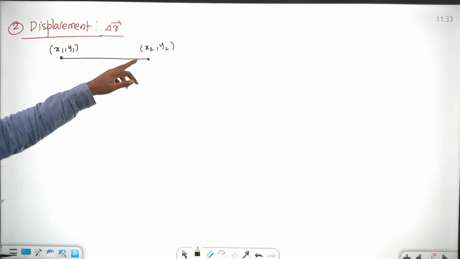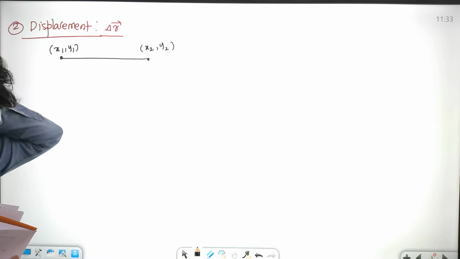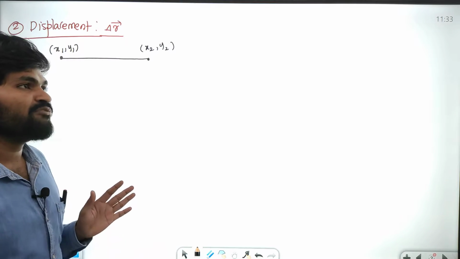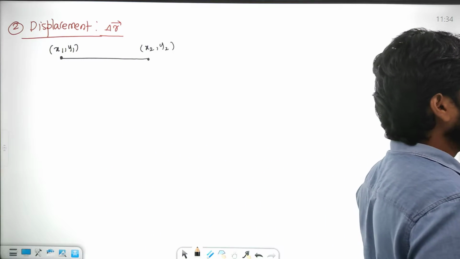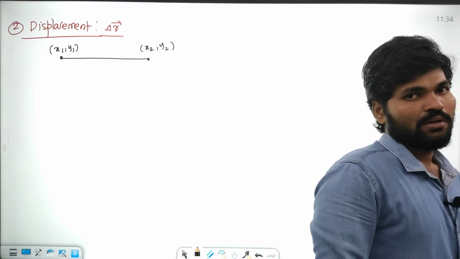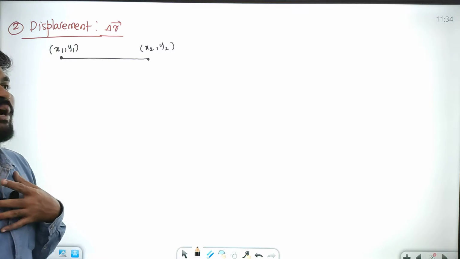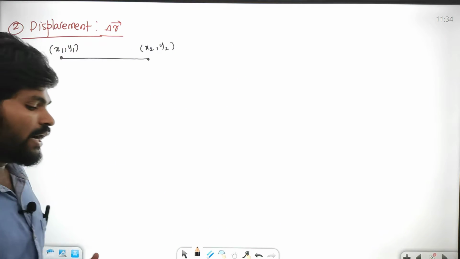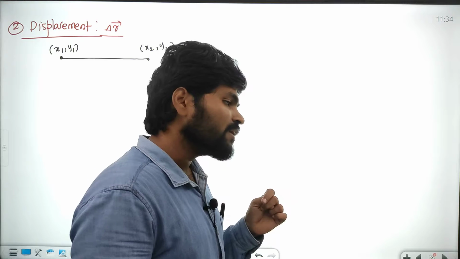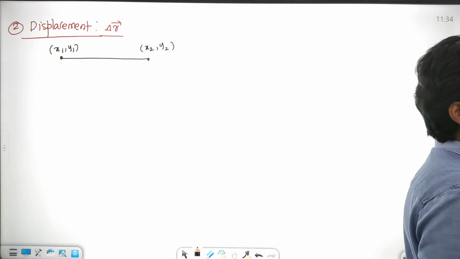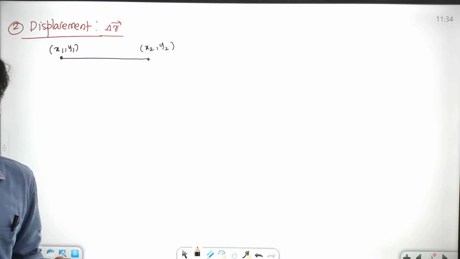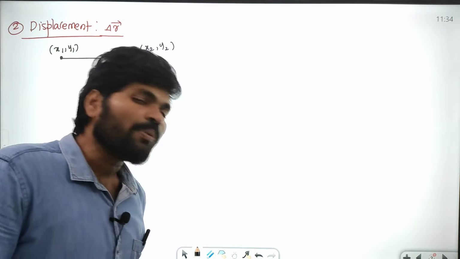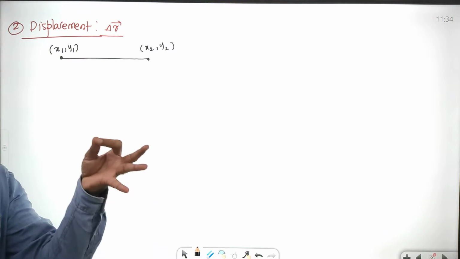See here actually. So these are the 2 points. Actually I started here. This is my first point. And I move like this. I end here. This is my second point. Okay. I located my first point as x1, y1 on the 2-dimensional plane, and I located my final point as x2, y2. If I wanted to find the distance between these 2 points, that is called displacement.